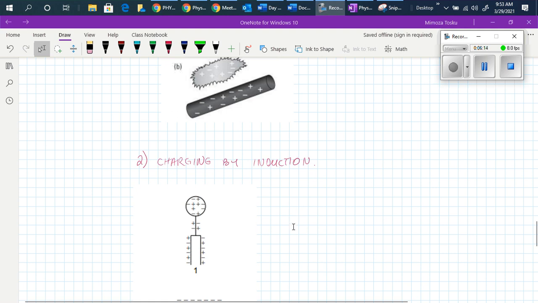As you see here, the electroscope has a knob, a round shape here, and it ends up with usually two gold leaves. Gold, because gold is the best conductor, and it is very light. Now in picture 1, what you see is a neutral electroscope.